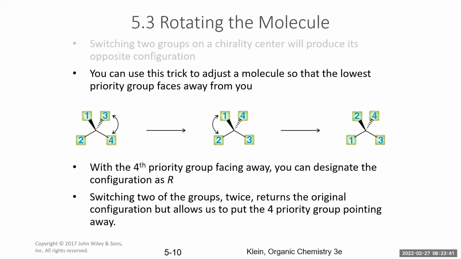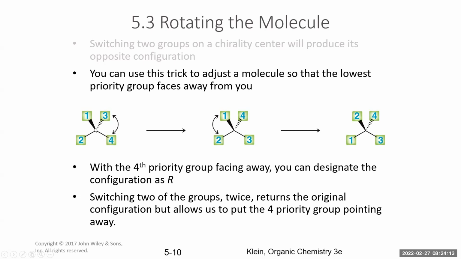Okay, so you can use that trick doubly so in order to go from the original configuration to the switched configuration and back to the original configuration. So for example, let's say we were given a structure and we've assigned the 4 priorities and it ends up looking like this. So this is currently not ideal because remember that I want my fourth priority group to be pointed back.